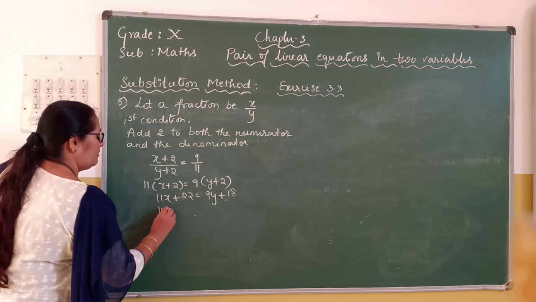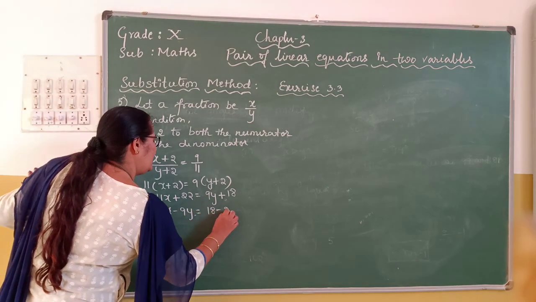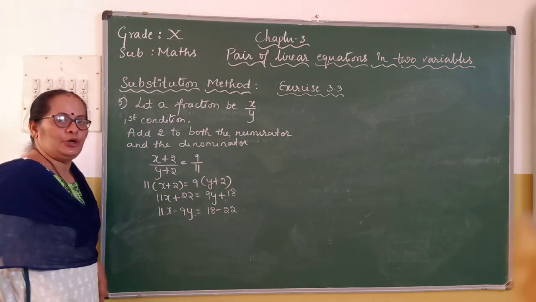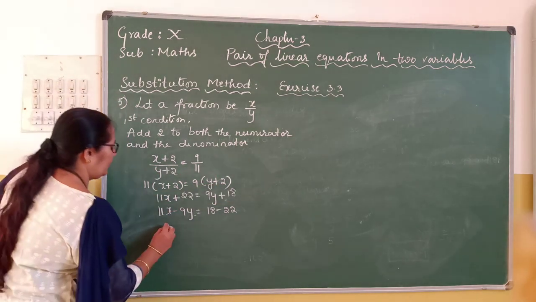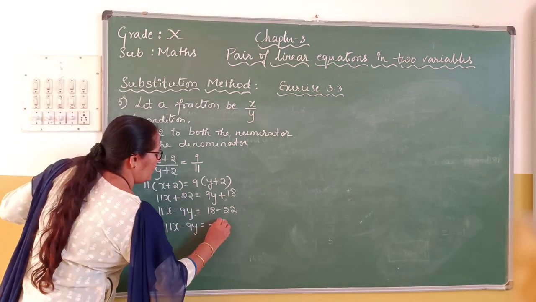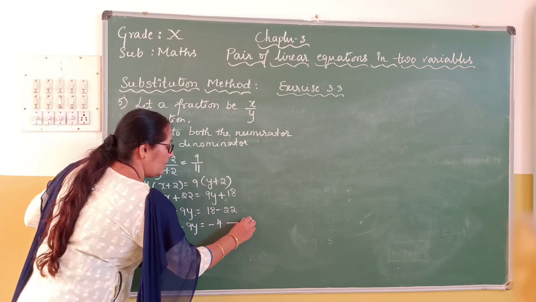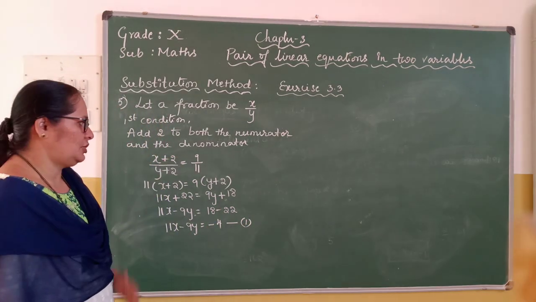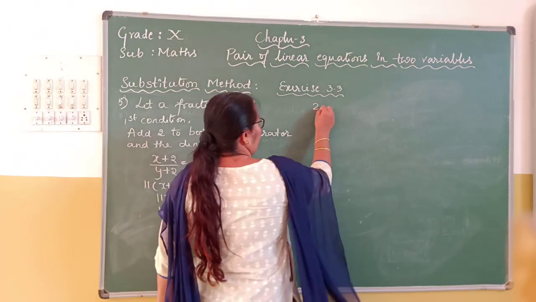Then 11x minus 9y equals 18 minus 22. Take the numerals to one side and variables to the other side. So 11x minus 9y equals minus 4. So this is equation 1 for the first condition. Now for the second condition.